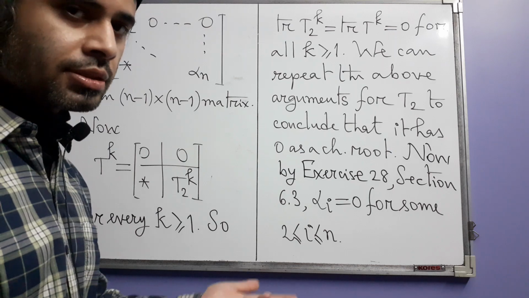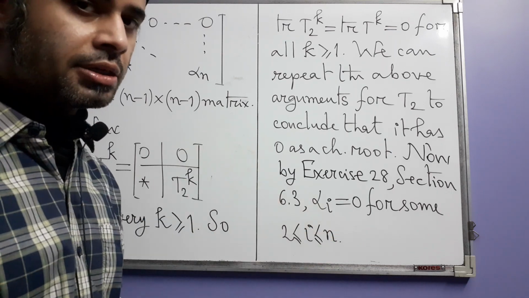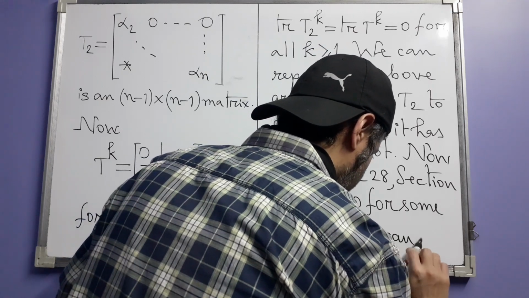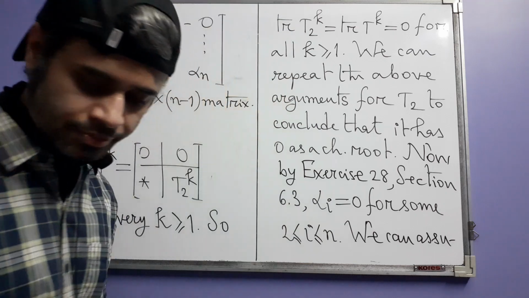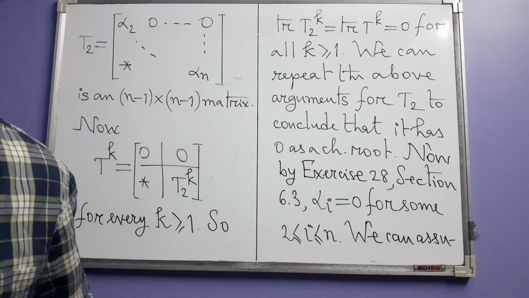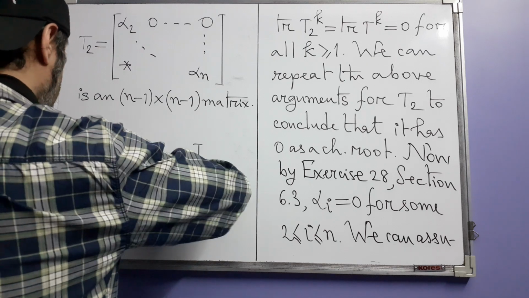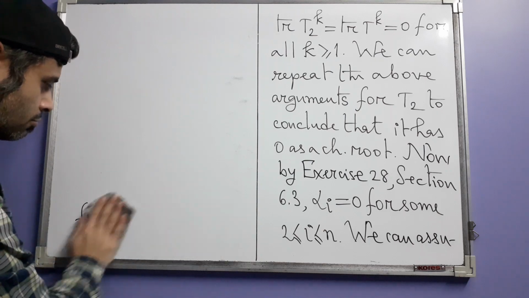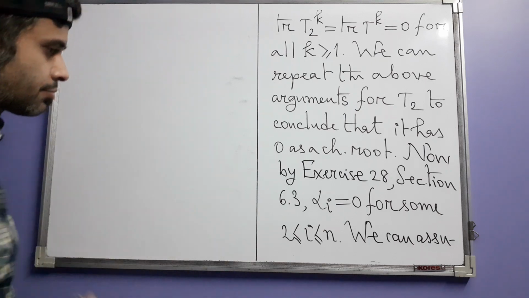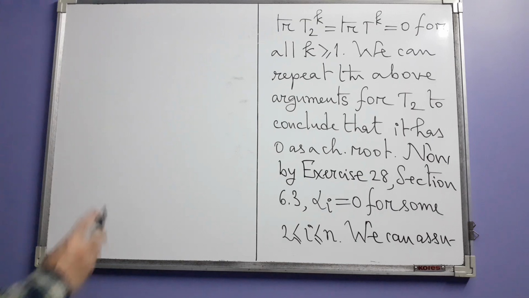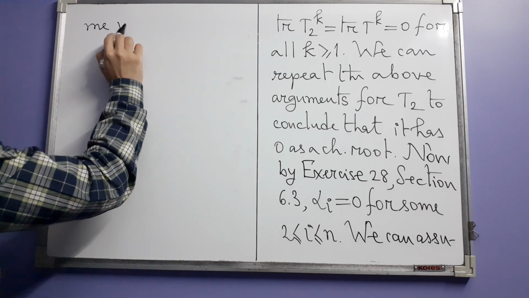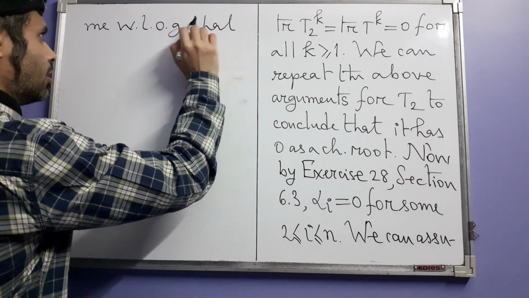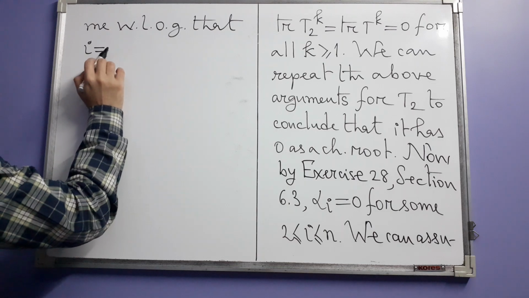And you know how, because I have already said that about the linear operator. Without loss of generality that i is equal to 2.